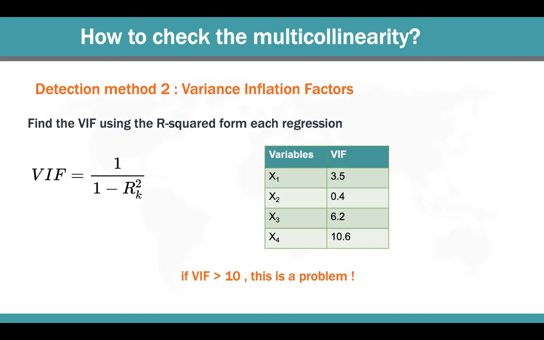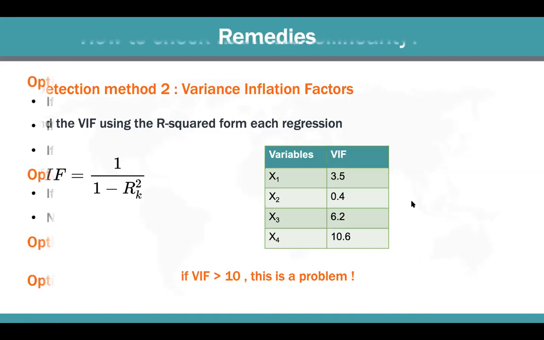The book also says that if it's over 4, we need to give more attention to that variable. So in this case, if our auxiliary regression for X4 gives us a variance inflation factor of 10.6, we need to give more attention to this variable, and this may cause a collinearity problem.